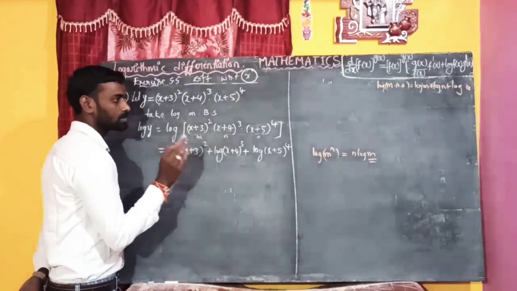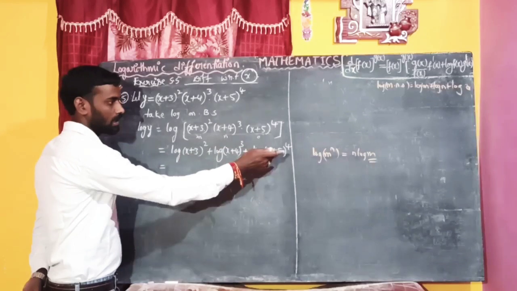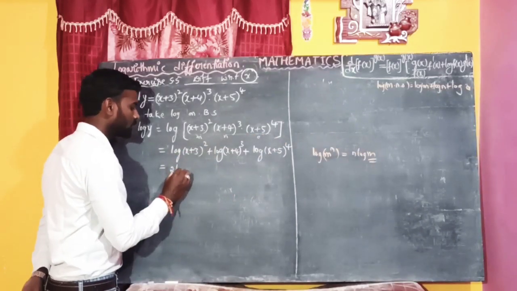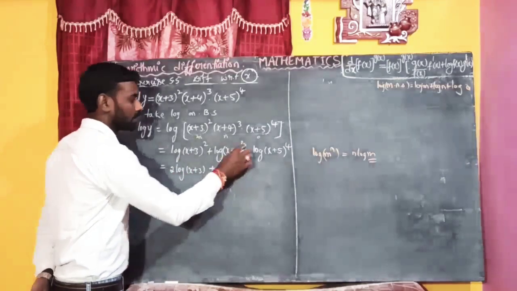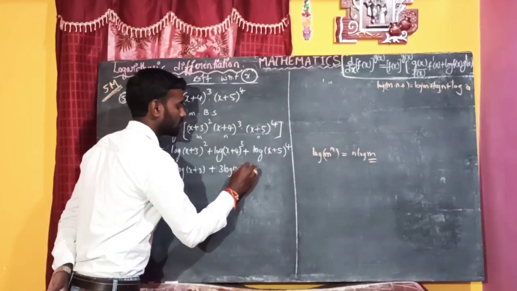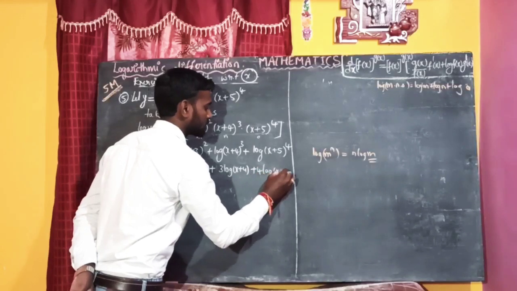So you should remember all the properties of logarithms. Now log m power n can be written as n log m. So this can be written as 2 log x plus 3 plus 3 log x plus 4 plus 4 log x plus 5.